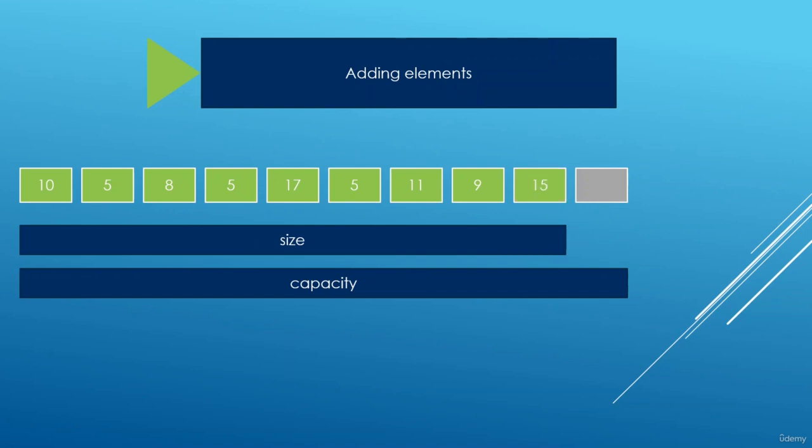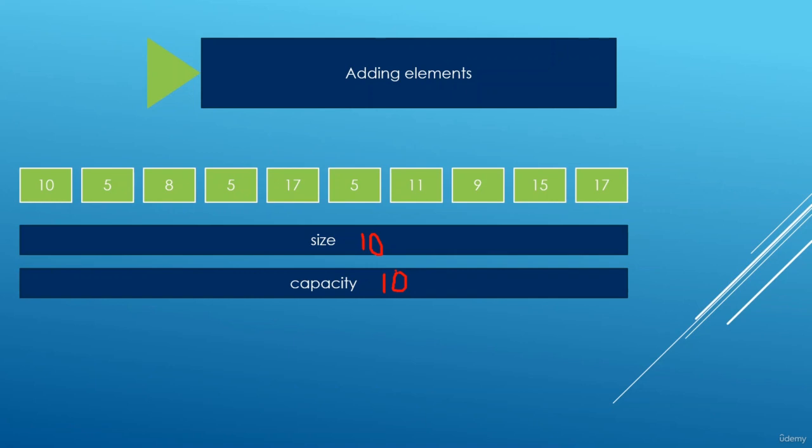Let's do this. That's a 15. This is going to bring our size to 9, and our capacity is going to stay at 10 because that's the number of slots we have. We can add another element and bring our collection to full capacity. The last element is going to be 17. Now our size is going to be 10 and the capacity is going to be 10. This is the setup we have here.